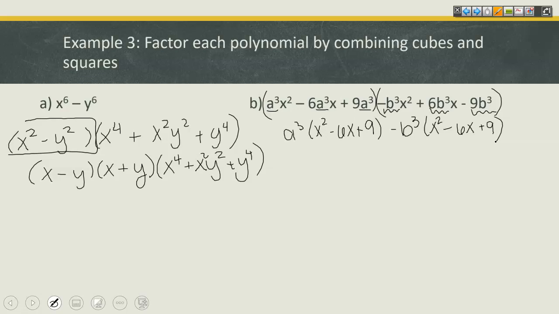Once again, creating a difference of cubes out in front. And leaving you with a special formula right here. So x squared minus 6x plus 9 is a perfect square trinomial.